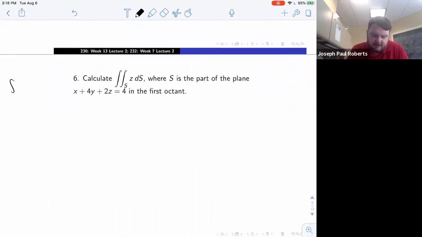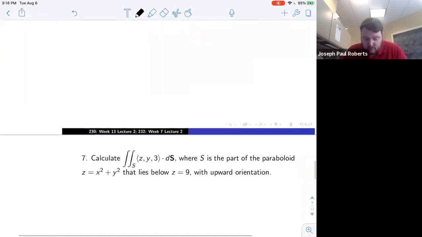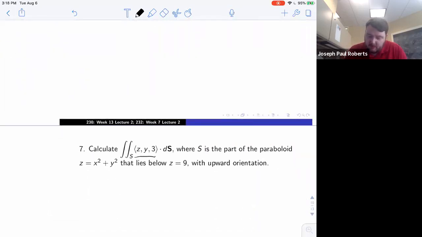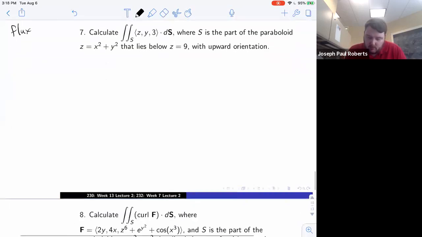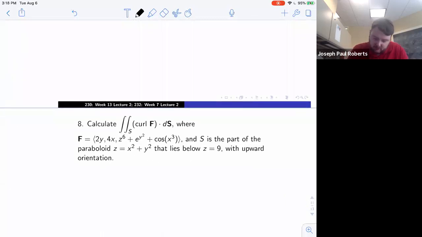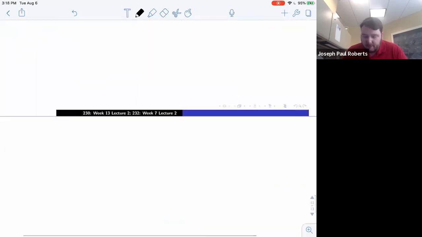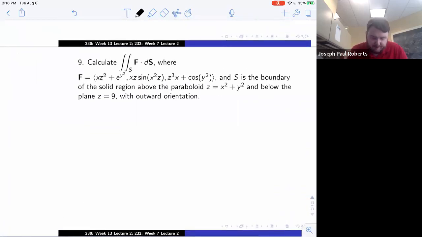This is a surface integral of a scalar function. Whereas this, you have a vector field and we're doing flux. Whereas this one, we're doing flux. And finally, this one, flux.